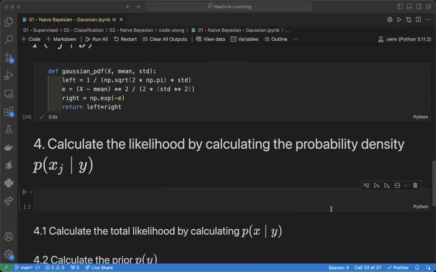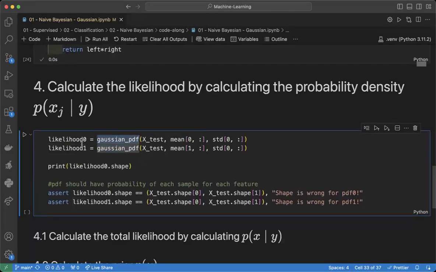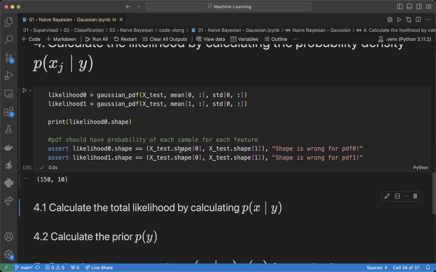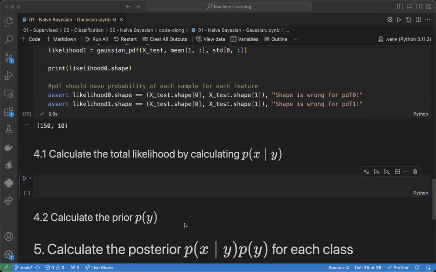Firstly, I calculate the Gaussian PDF of them. And here I'm just writing a simple test case to make sure things are correct. Finally, I can calculate the total likelihood by simply taking the product.